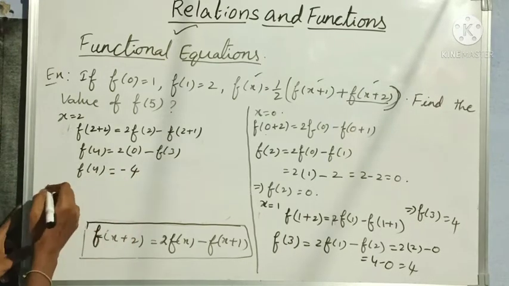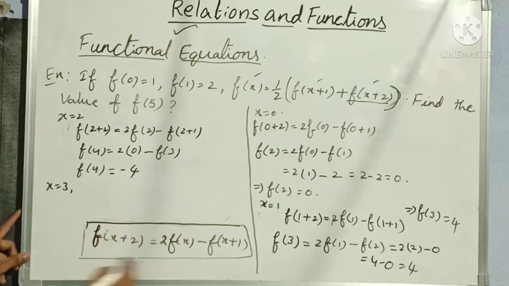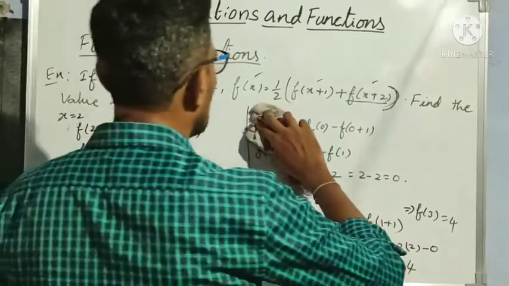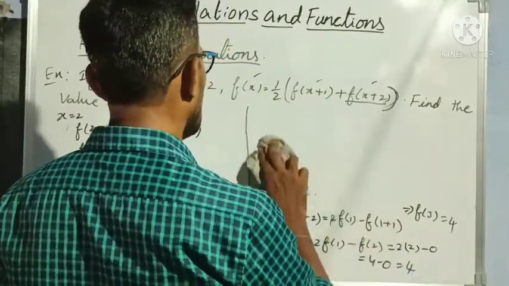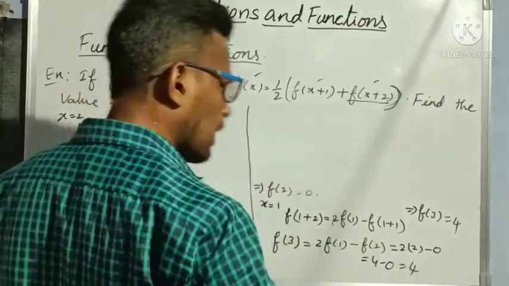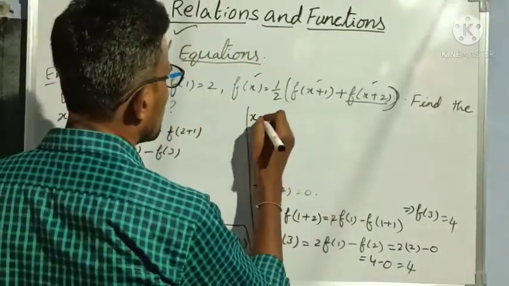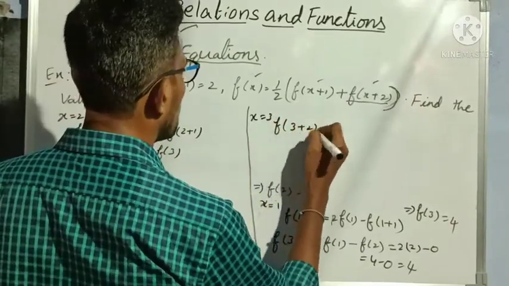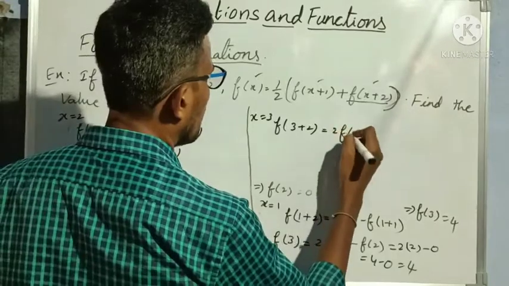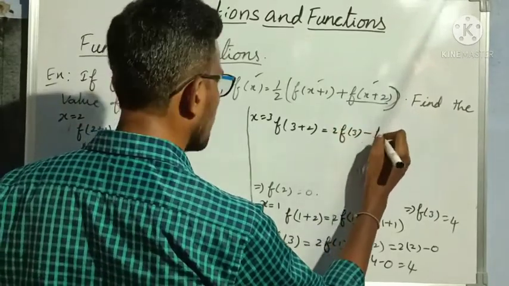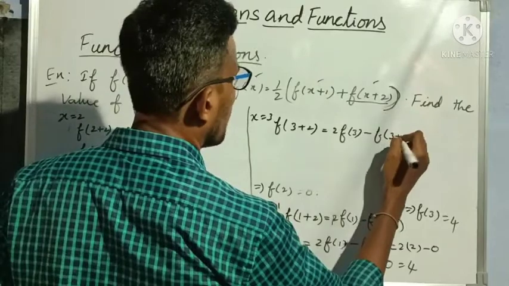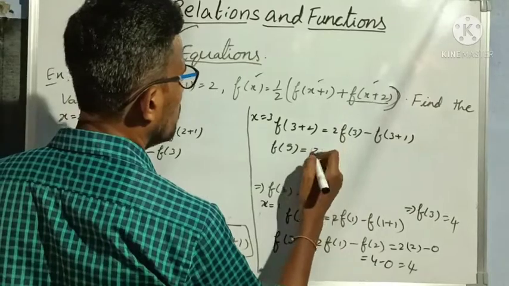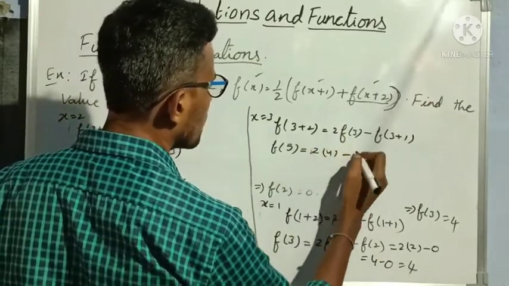So now again x is equal to 3. The same equation I have to substitute x is equal to 3. So I will erase x is equal to 0 here and do it here. After x is equal to 2, I should substitute x is equal to 3. So f(3+2) is equal to 2 into f(3) minus f(3+1). So f(5) is equal to 2 into f(3), value is 4, minus f(4).